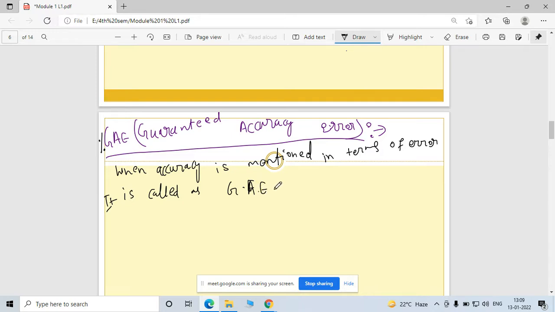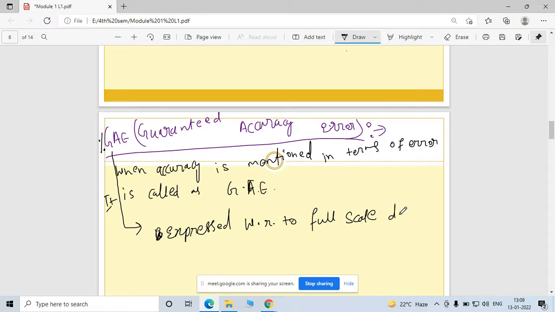Now if I explain this error expected with respect to full scale value. Guaranteed accuracy error is always expressed with respect to the full scale reading, full scale deflection, you can say.